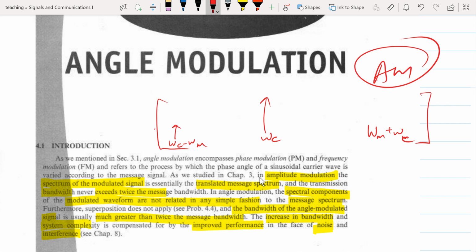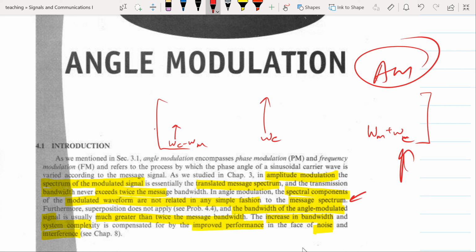But on the other hand, for angle modulation, the spectral components of the modulated wave are not always related in such a simple manner, and therefore you're going to see some complexity involved, which we will see in the subsequent sections. We also observe that superposition does not apply, and this will be illustrated in problem 4.4.